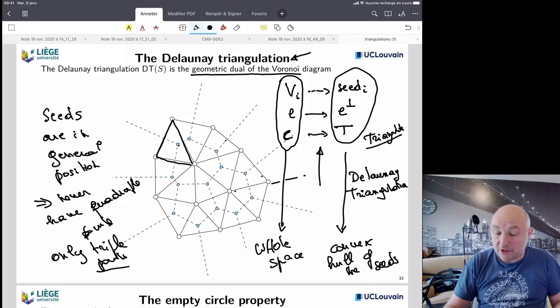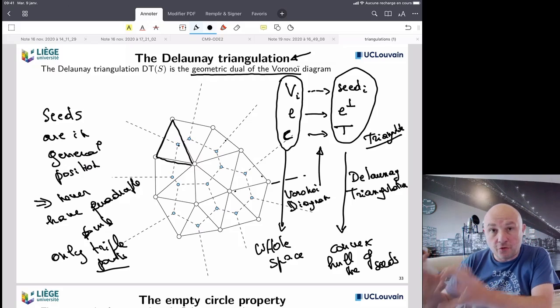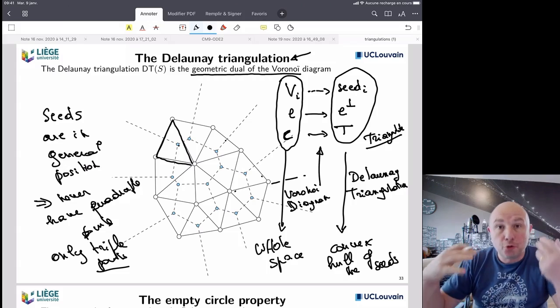This is the Delaunay triangulation. This is the Voronoi diagram. So Delaunay triangulation and Voronoi diagram are geometrical duals.